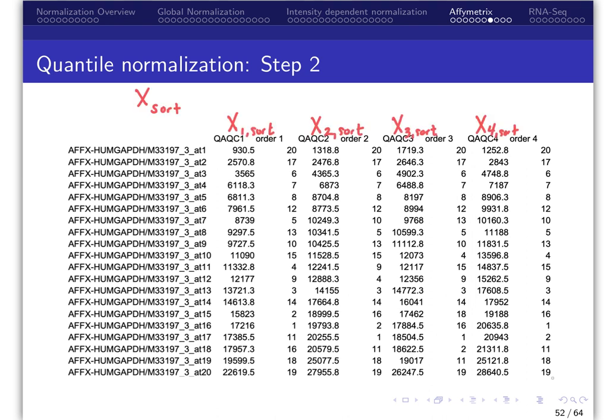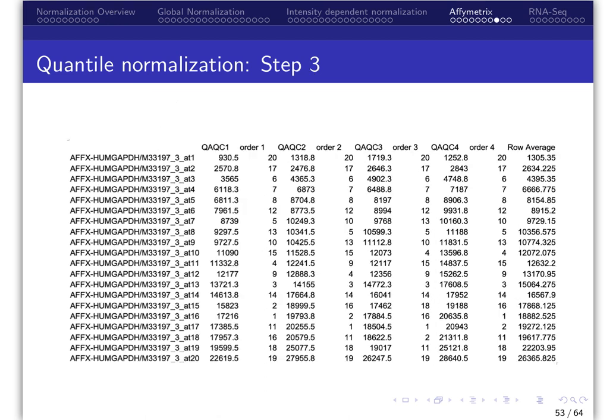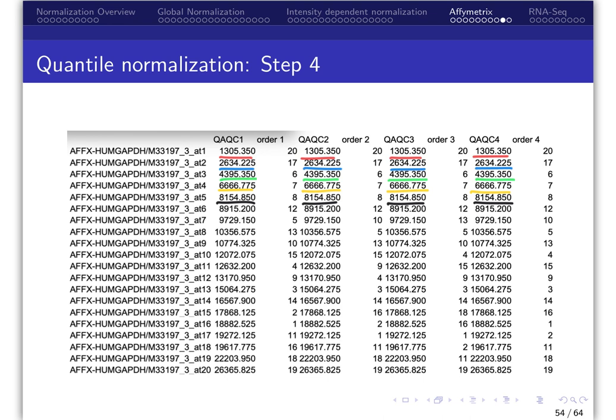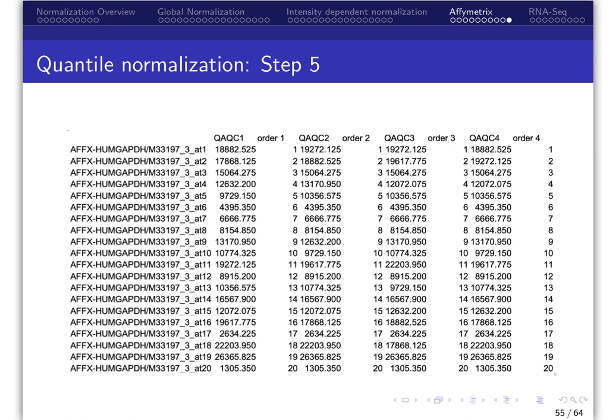In this example, each of the 4 arrays have been sorted. Notice we are keeping track of the original order along with the sorted order. Next, we calculate the average of each row in X sort. Then, we substitute the row average value into each of the individual elements in that row to get X prime sort. To obtain the normalized matrix, we rearrange each column of X prime sort to have the same ordering as the original matrix.